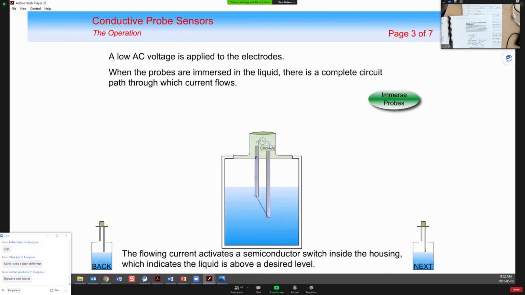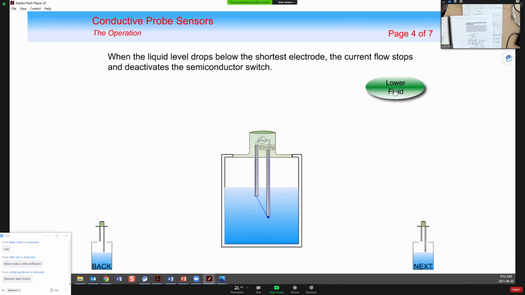Then you have a certain type of semiconductor switch in there. They will indicate that the liquid is above or below. When the liquid level goes lower and the conductive liquid is too low, you have an open circuit.